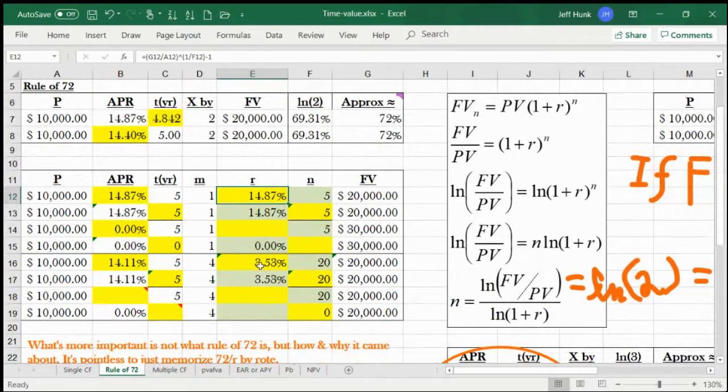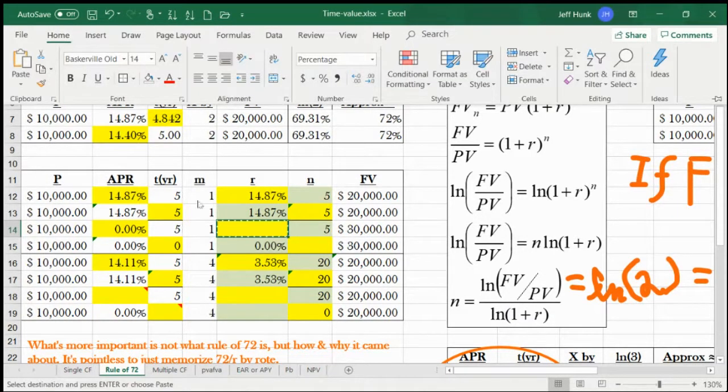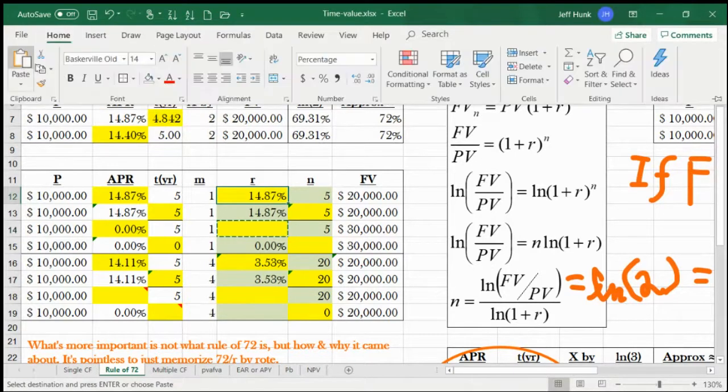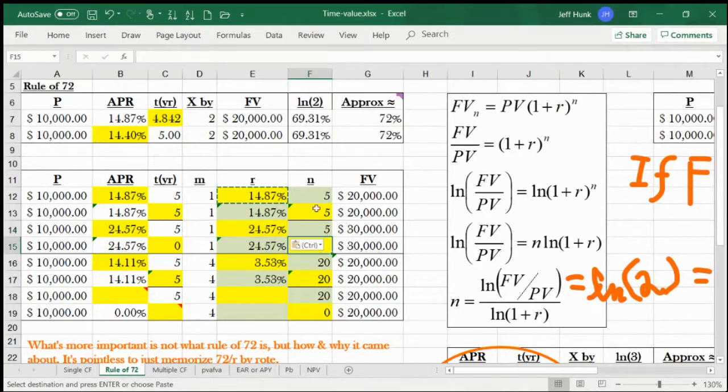What if it is tripling the money, right? I'm copying this, and pasting it here. If it is annual, it's going to be like that, annual compounding.